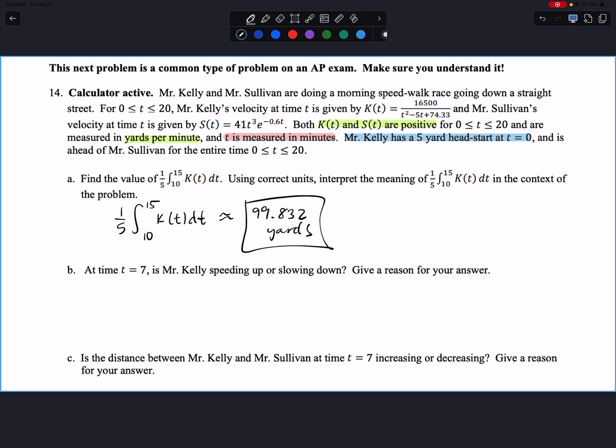So Mr. Kelly's average velocity from time t equals 10 to t equals 15 was this. Oh, not t equals 0, sorry. 10.